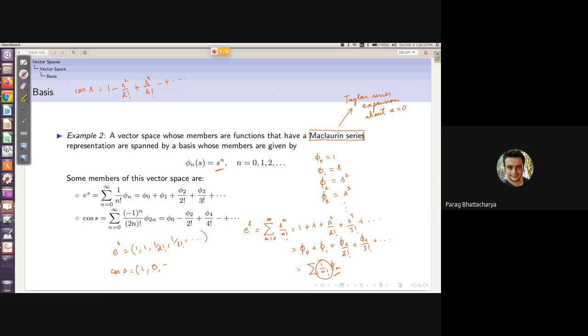Yes, and we put 1 by 2 factorial. Do we see phi 3 here? There is no phi 3, so this is 0. Do we see a phi 4? Yes, this is going to be plus 1 by 4 factorial, and so on. So that's your cos. Is this clear?